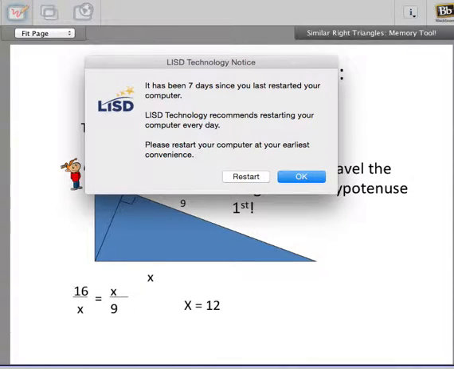This is probably one of the trickier parts of your Unit 4 lesson. There's 3 triangles here. So hopefully you guys see 3 triangles. A small one, a medium one, right here, and then a large one, all the way around. And this is a memory tool on how to set up proportions using similar right triangles.